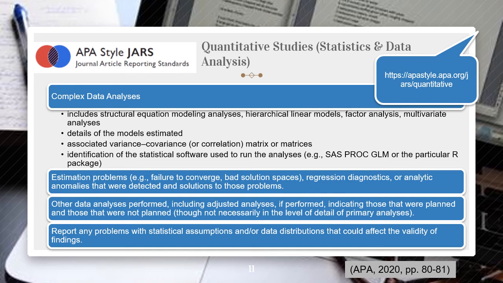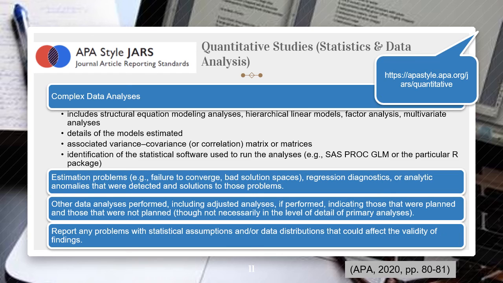The next step is for complex data analyses, such as structural equation modeling, HLM, factor analysis, multivariate analyses. Now, this isn't stating that you must do complex data analysis. You should do the analyses that are appropriate for the data that you have. But if you do complex data analysis, then you want to provide details of the models that you've estimated.